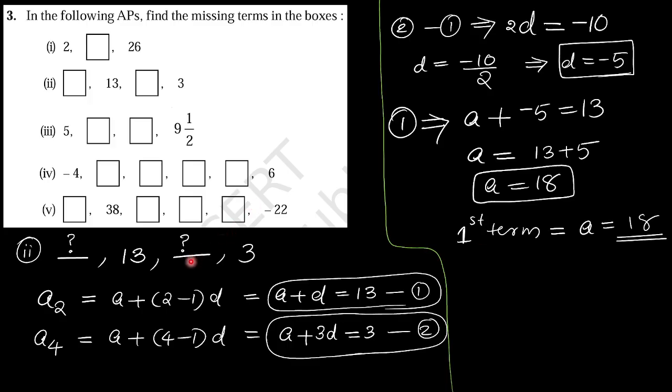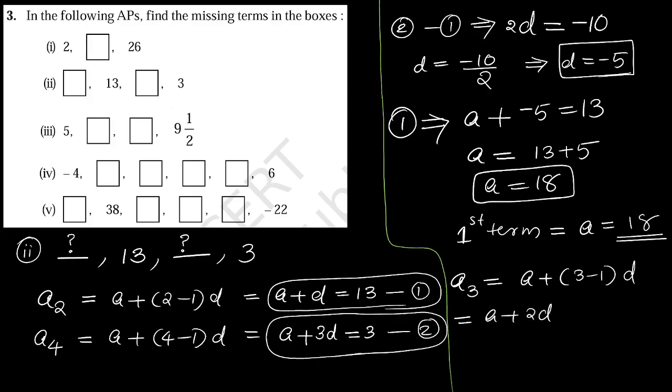Then the other missing term is the third term. Third term is A plus 3 minus 1 into D, that is A plus 2D.